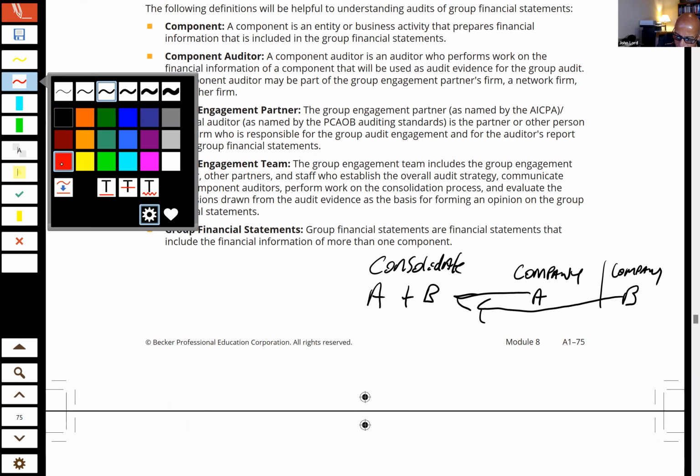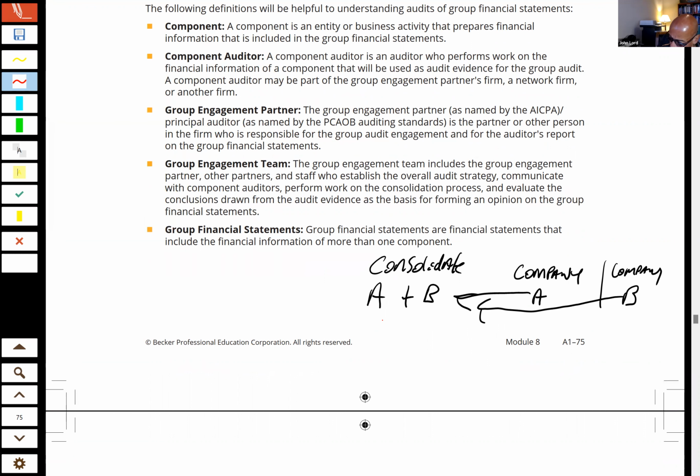Okay, so we have what? We have the financial statements, and we call these the group financial statements. We call the individual financial statements of these two entities the components of the group.